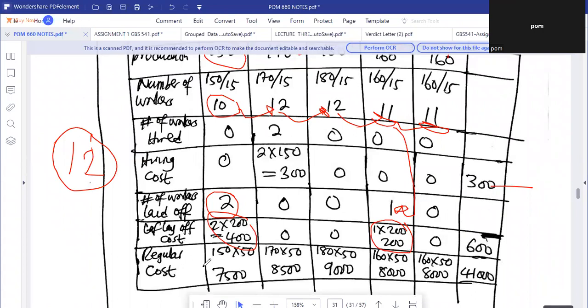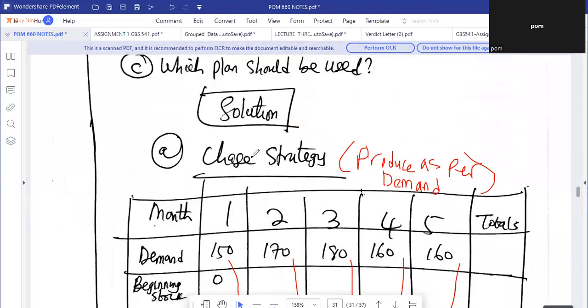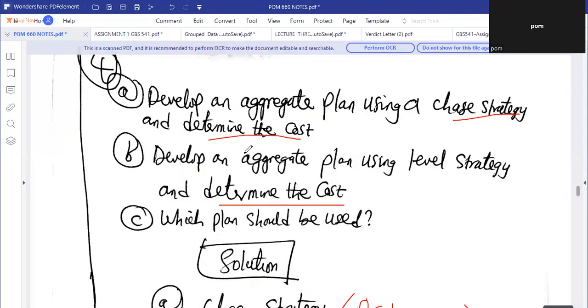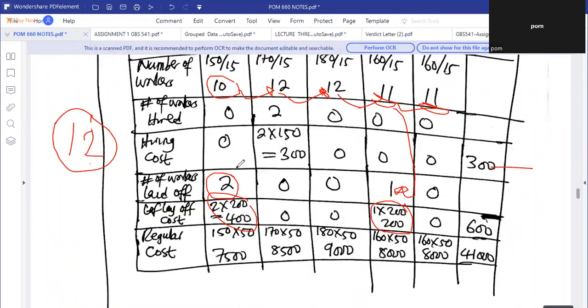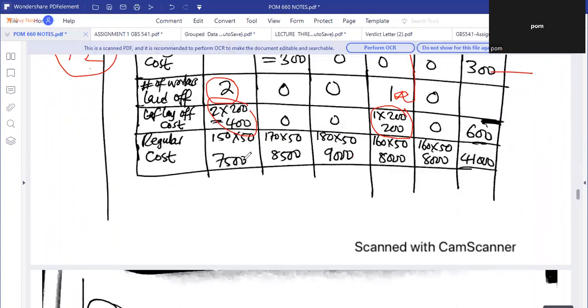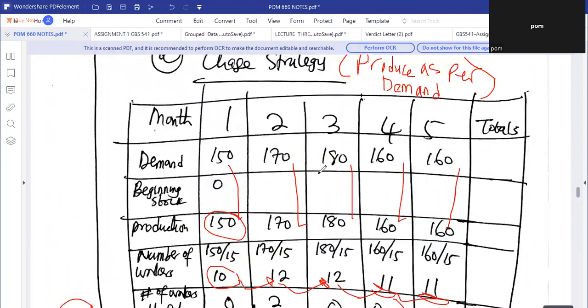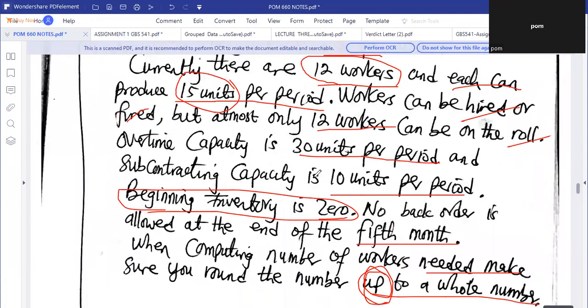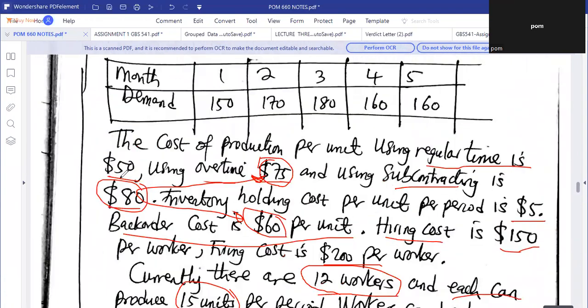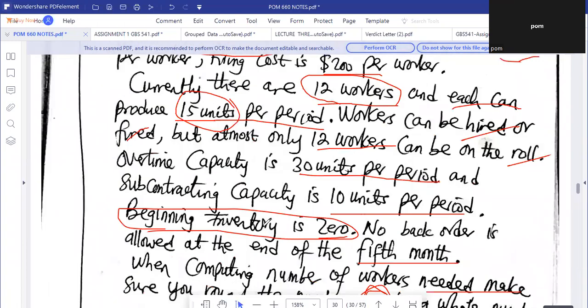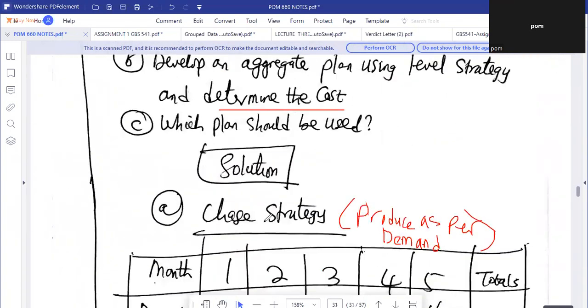Now, for the chase strategy, I mentioned that there are supposed to be only 3 costs: the hiring cost, the layoff cost, and the regular time cost. The regular time cost is $50 by how many units we have produced.